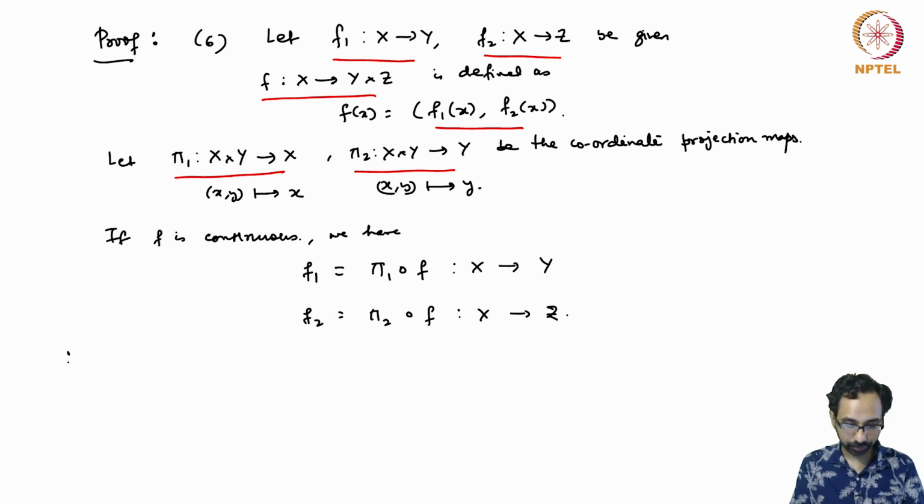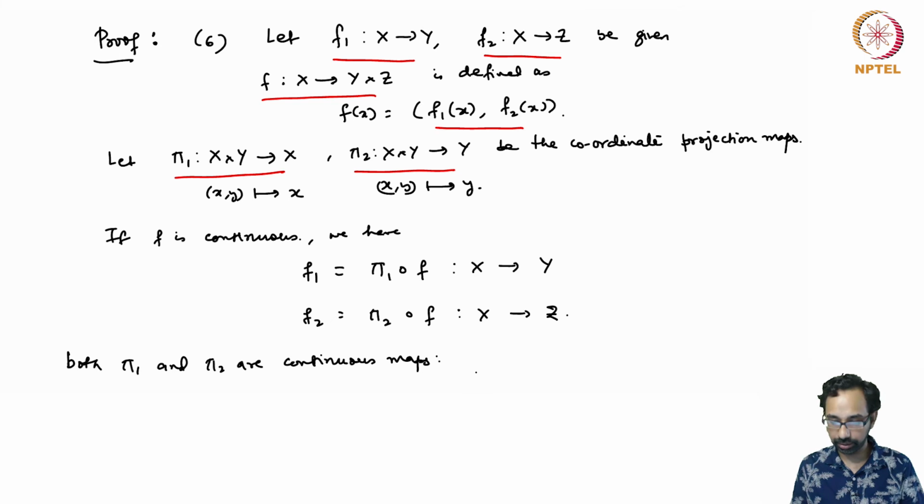Now notice that both pi1 and pi2 are continuous maps, since we have already shown that the product topology is the same when you take the subbasis with respect to the inverse images of pi1 and pi2, so they are continuous maps.